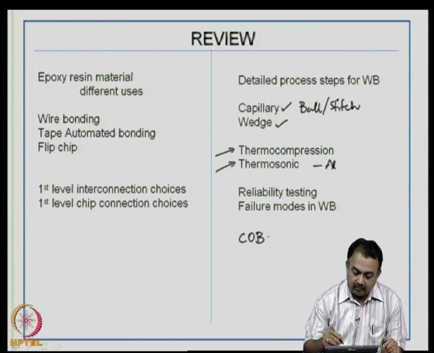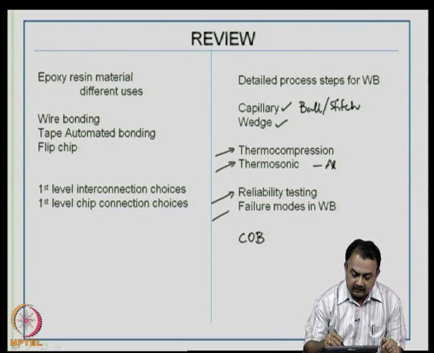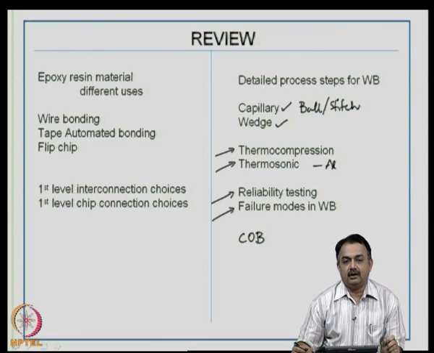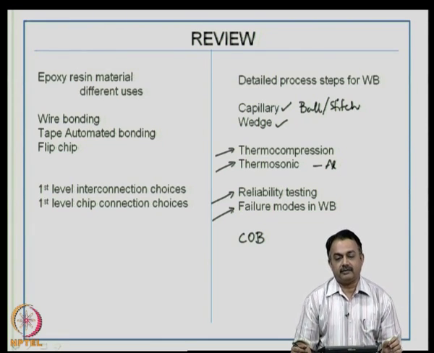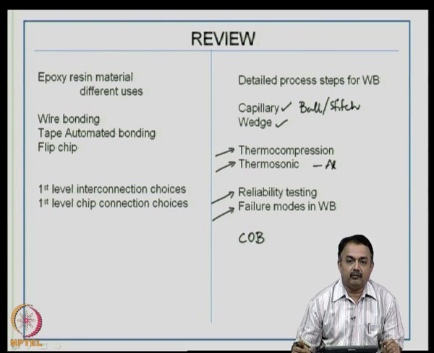We also talked about the failure modes and the testing methods. Once you establish a wire bond, it is always necessary to look at the reliability of the wire bond that has been established, and one should basically have some idea about what kinds of failure can happen in the wire bond.